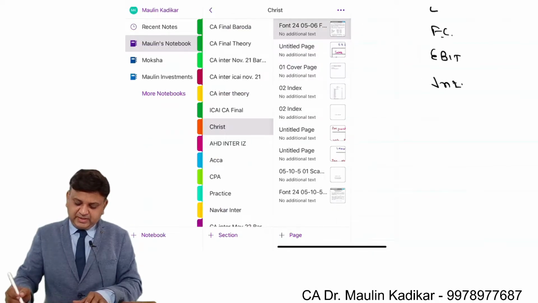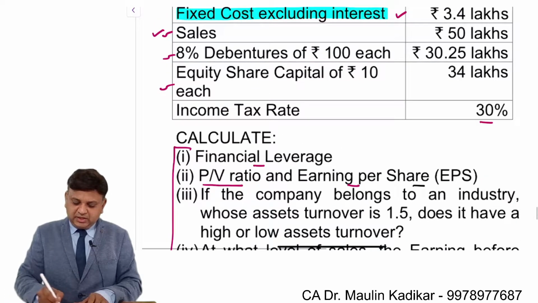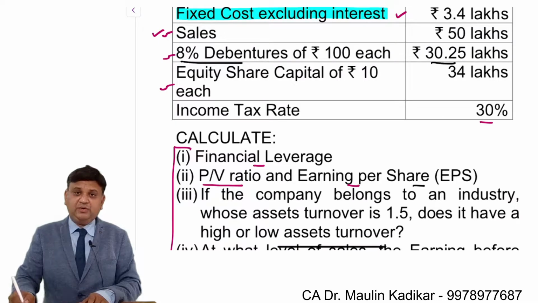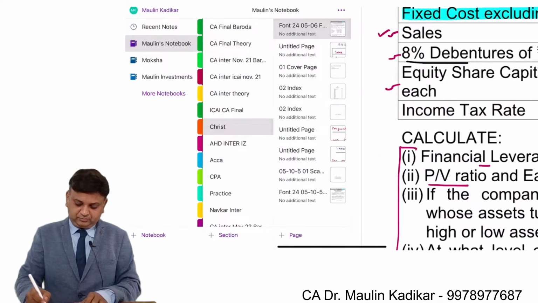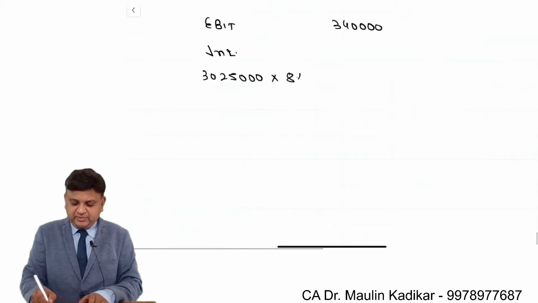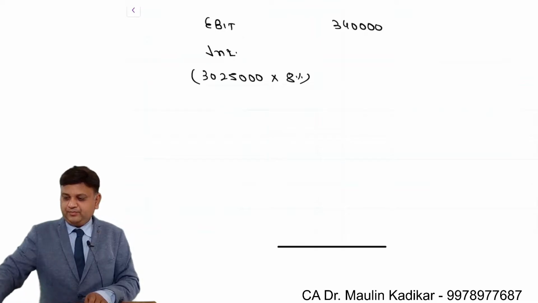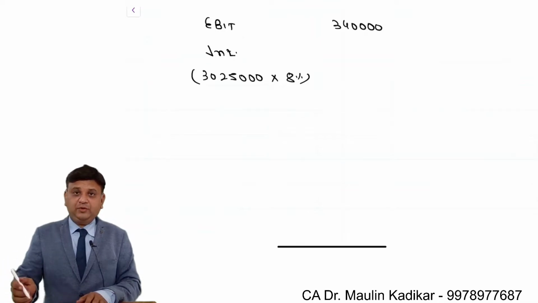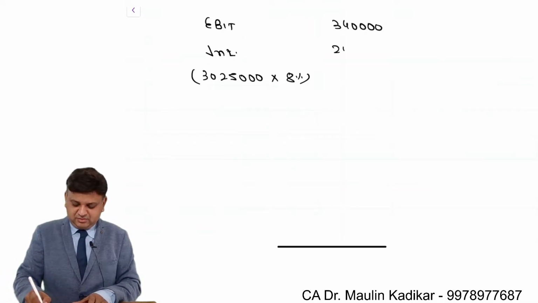The question is providing the information about the 8% debentures of 30,25,000. So 30,25,000 into 8%, that comes to an amount of 2,42,000.